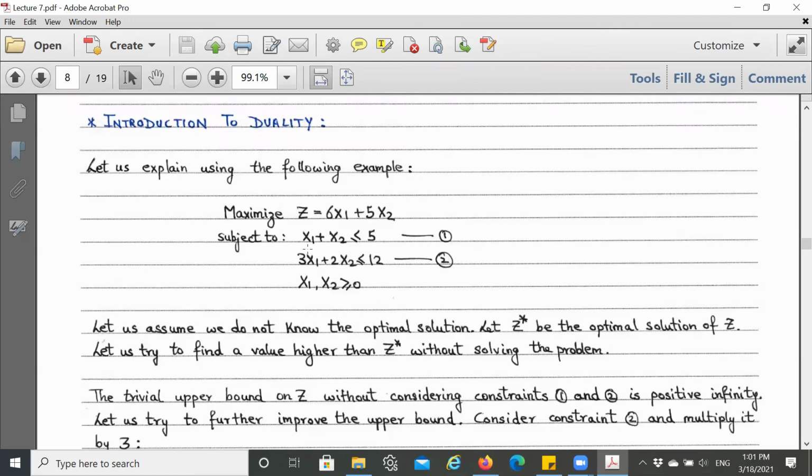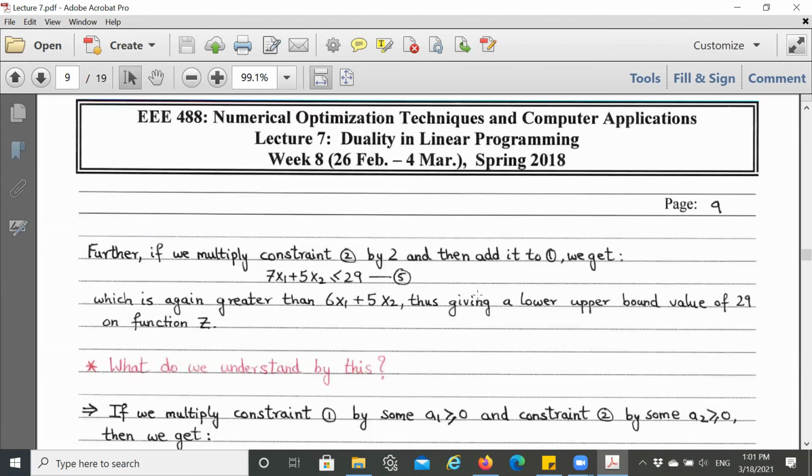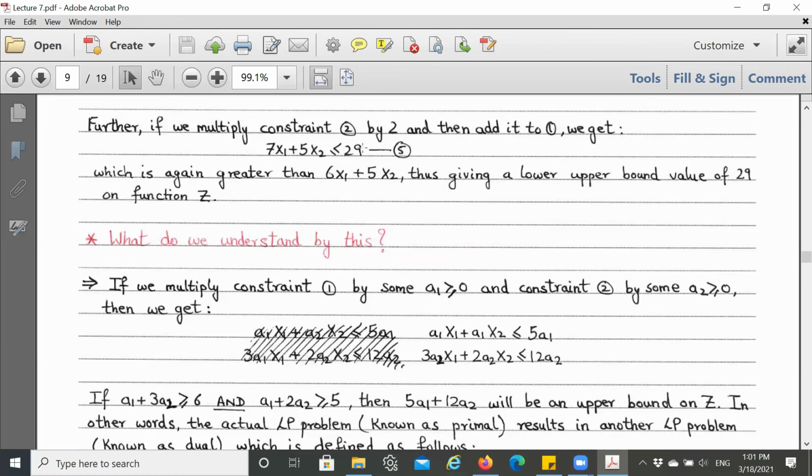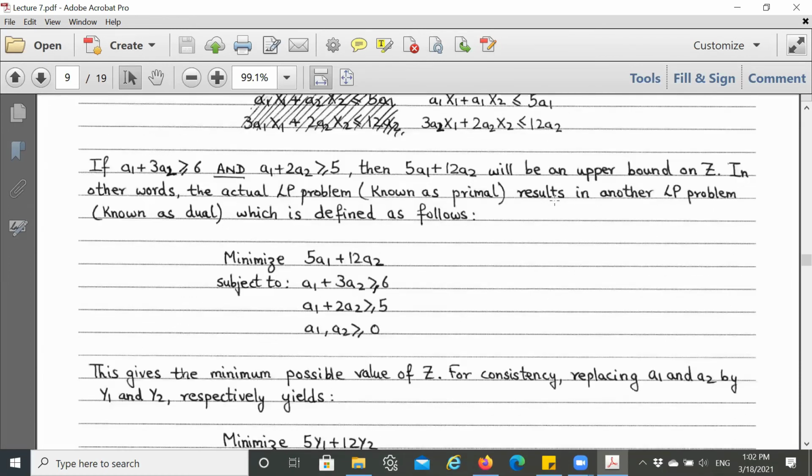So I'm saying that if I multiply constraint 1 by some non-negative constant, and constraint 2 by another non-negative constant, then the sum of these two coefficients should be greater than or equal to this, and the sum of these two coefficients greater than or equal to this, right? That means the sum of the right-hand sides of the constraints would definitely be an upper bound on Z. That's what we mean by the 36, the 30, and the 29 that we have obtained. Is it clear? I'm just trying to explain it mathematically.